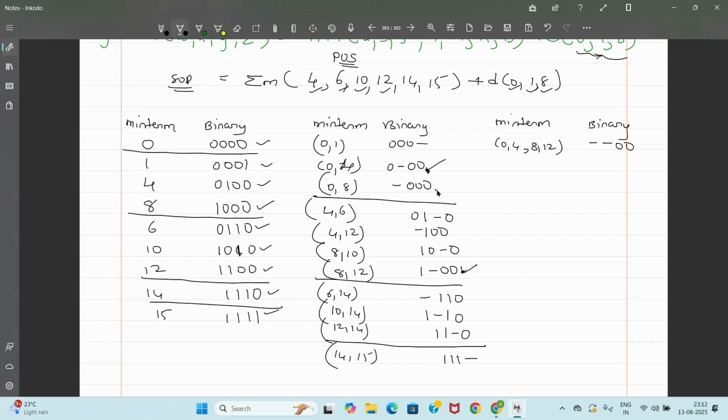Now this number can be compared with this number. 0, 8, 4, 12, dash dash 0, 0. These two are also covered. This grouping is done. Next, we'll go for this and this comparison. I have to now compare 4, 6 with 12, 14. 12, 14 can be done. 4, 6 and 12, 14 dash 1 dash 0. Done.